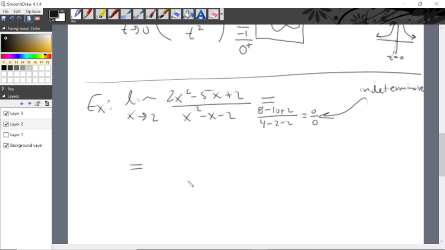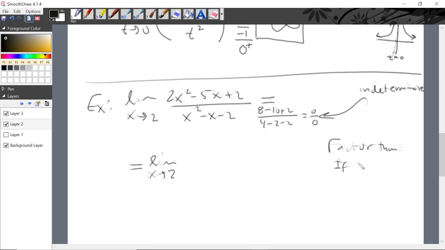So recall the factor theorem for polynomials. If a polynomial were to equal 0 for some input, in this case the input is 2, then that polynomial must have a factor x minus c, where c is the 0. So use the factor theorem.